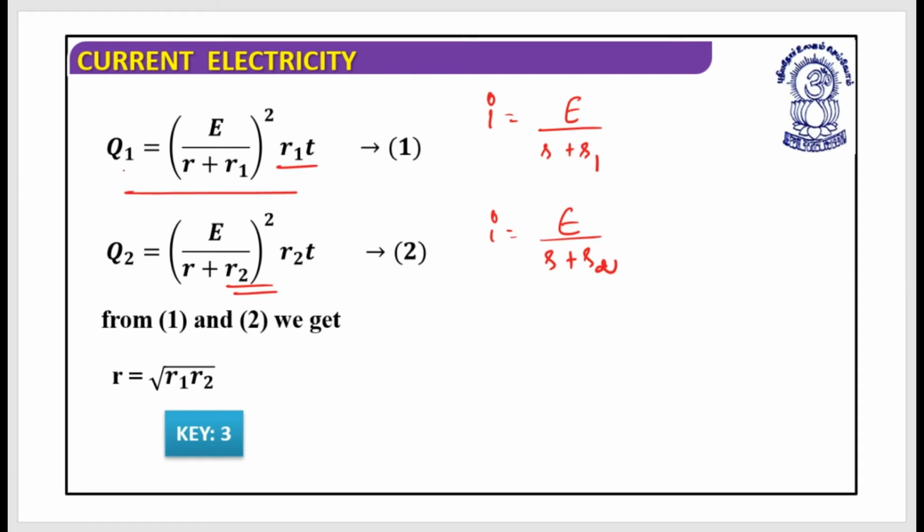If I equate this, because Q1 equals Q2 according to the data, the internal resistance would be equal to the root of R1 into R2.